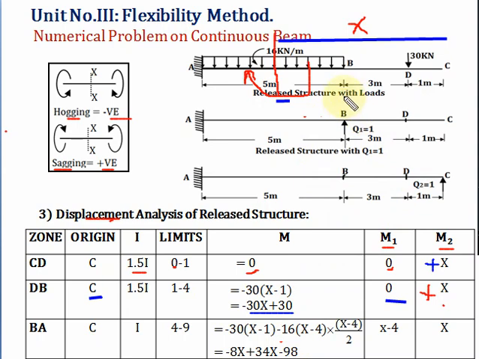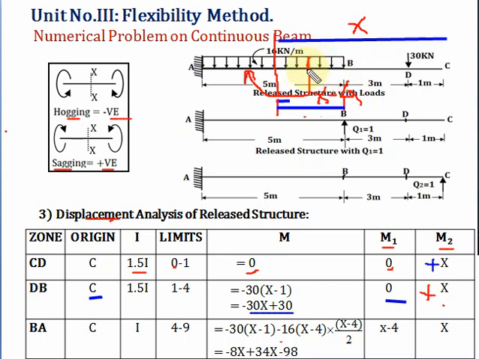Now we have to find this distance, which is x minus 4. So here the force is 16 and the distance is x minus 4, so 16 into x minus 4.